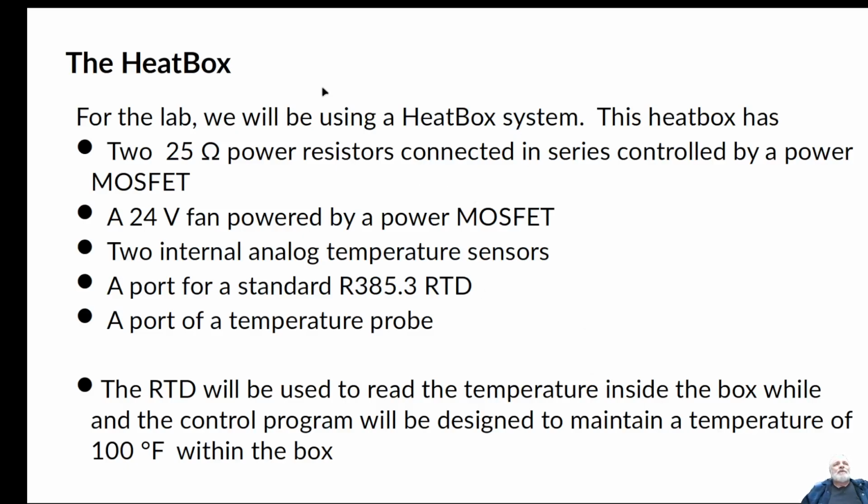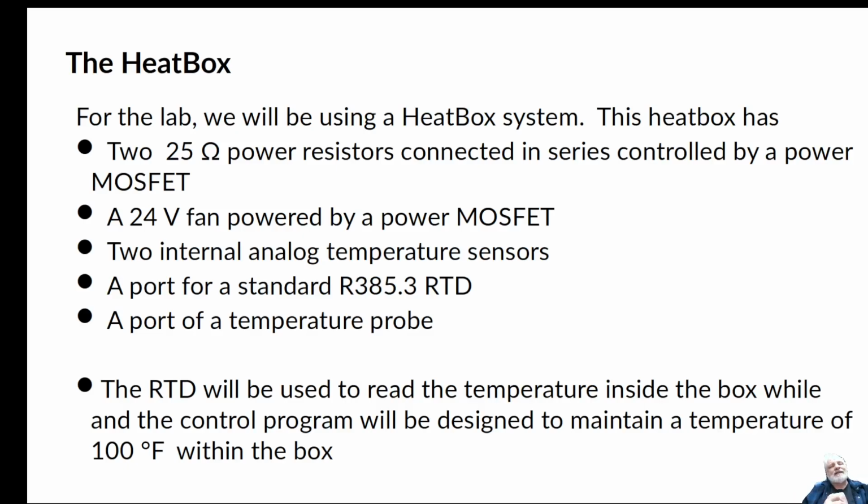All right, so using this RTD, we're going to measure the temperature inside of a box. I have a little heat box, which has a couple of power resistors in there and some MOSFETs. We're going to just turn on the MOSFET. The first MOSFET is going to activate the current through these 25 ohm resistors and just heat it up, right?